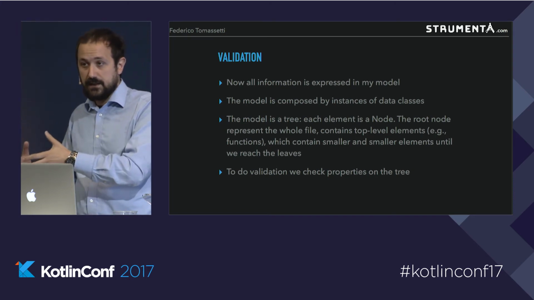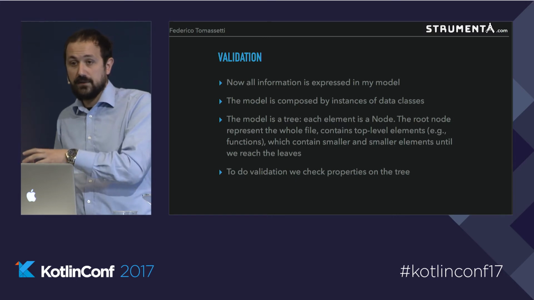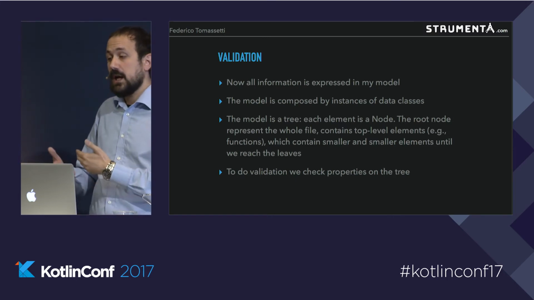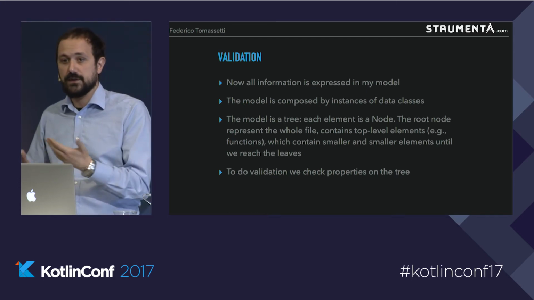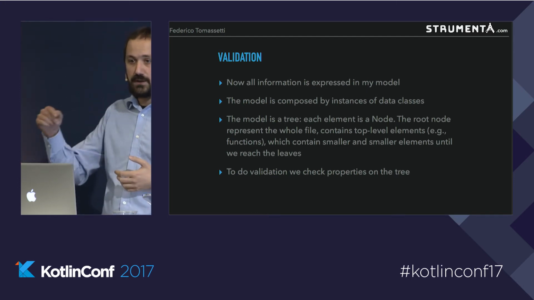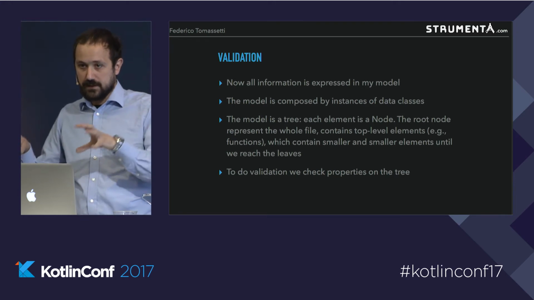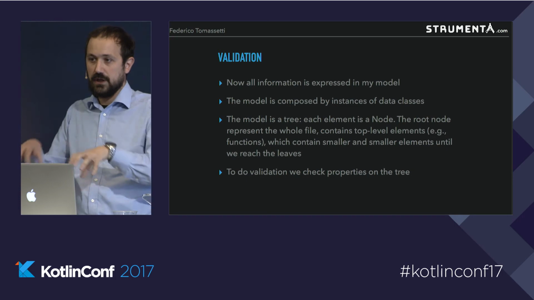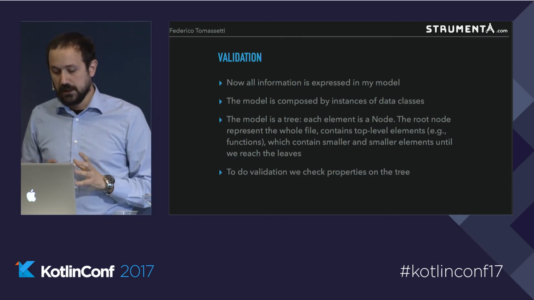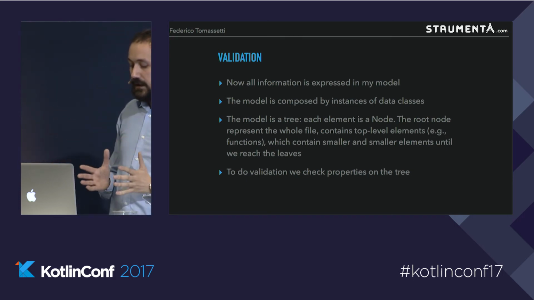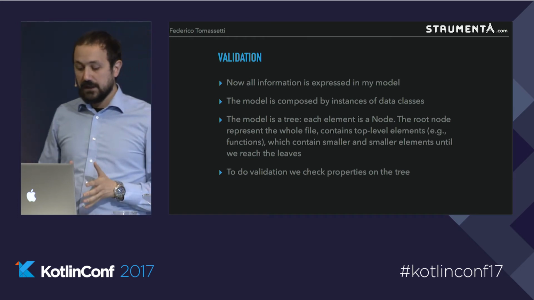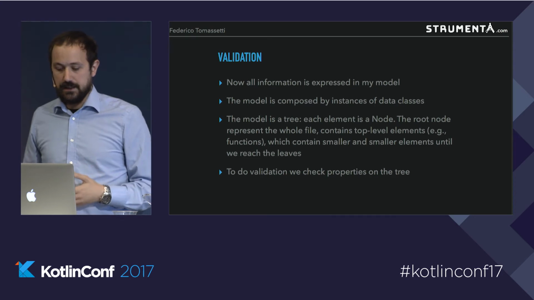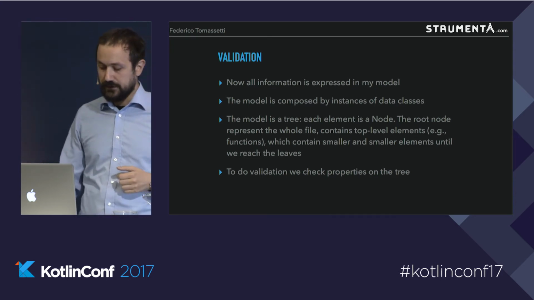We have other statements that correspond to the body of the function. Inside those statements, we have expressions. Expressions can contain smaller expressions. For example, if you have the expression 1 plus 2, 1 and 2 are smaller expressions, but also 1 plus 2 per se is an expression containing the two smaller expressions. So the model is a tree, and basically performing validation just means to navigate the tree and verify that properties are verified on this tree.